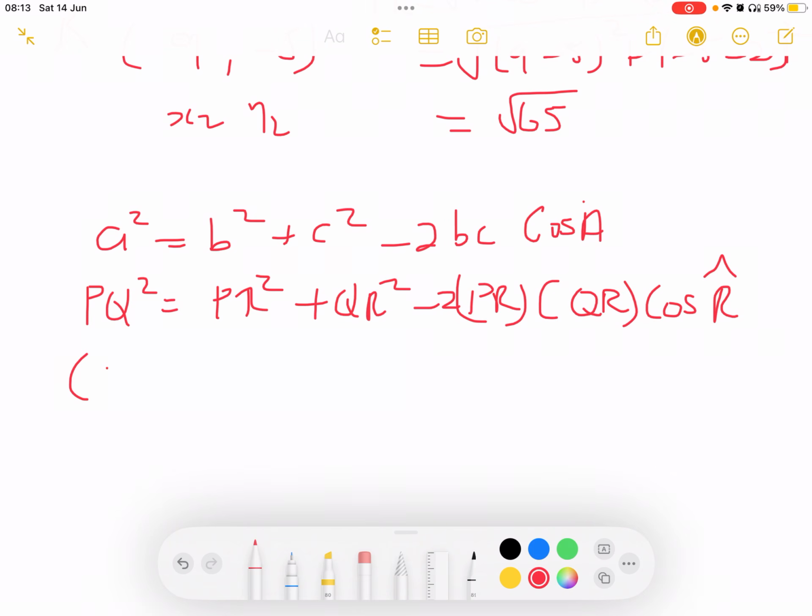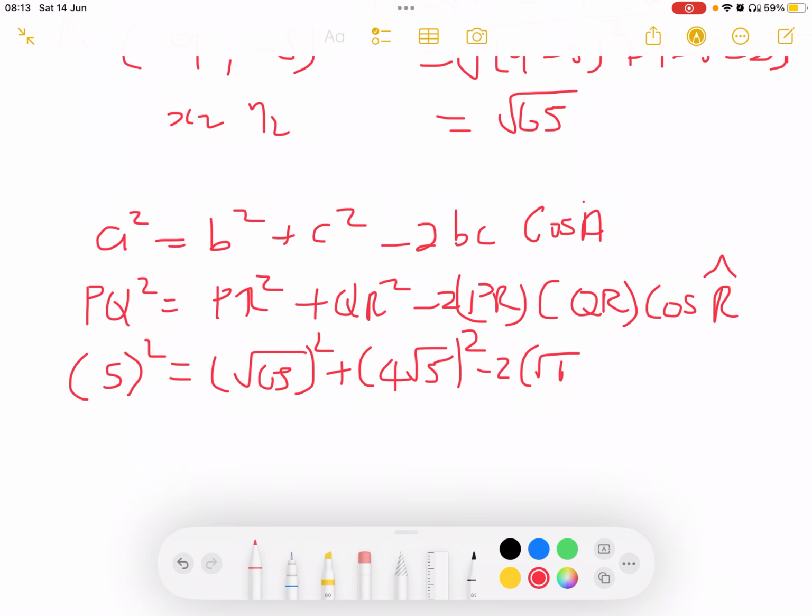Calculated PQ to be the value of 5 squared equals square root of 65 squared plus 4 root 5 squared minus 2 times square root 65 times 4 root 5 cos of angle R.